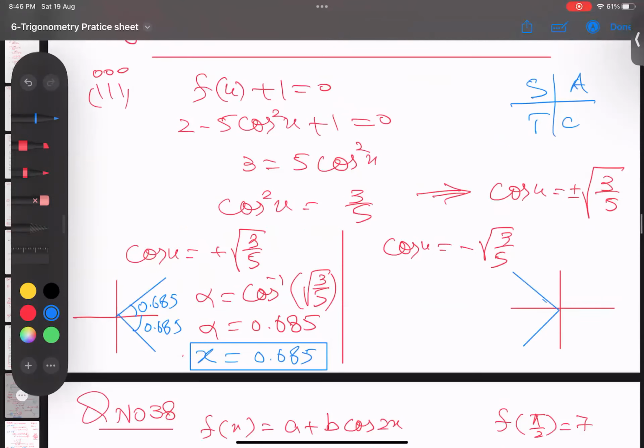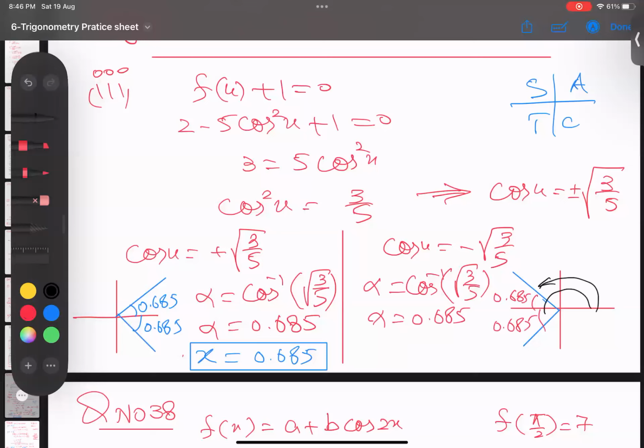Okay. What about this one? Because value is the same, but don't type in calculator negative value. So it tends to be this cos inverse, although we should not type again, but just for the sake of your knowledge, I'm getting 0.685. 0.685 is here and 0.685 here. First answer is this, second answer is this, second out of range, I will not take.